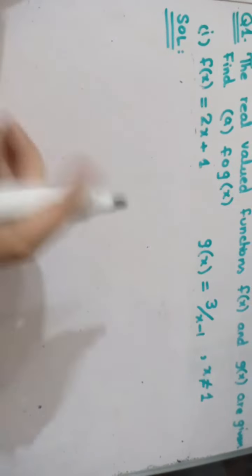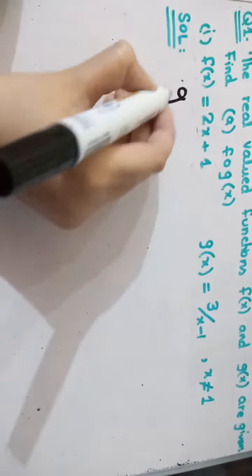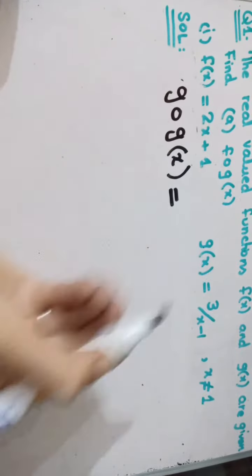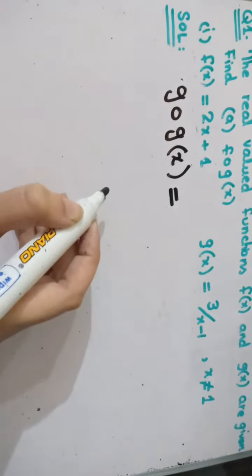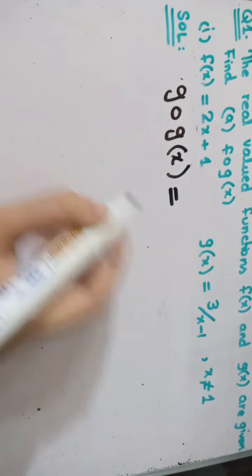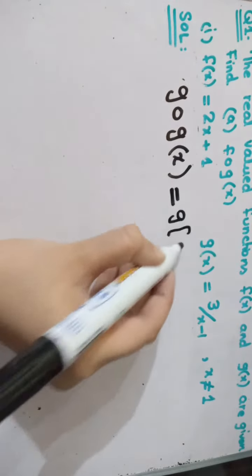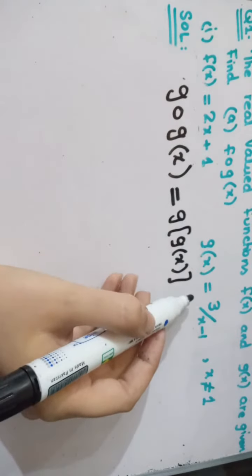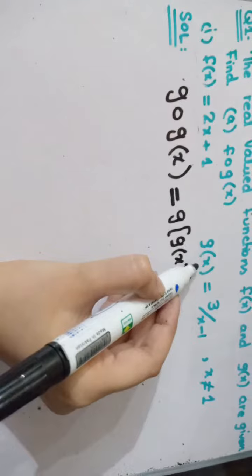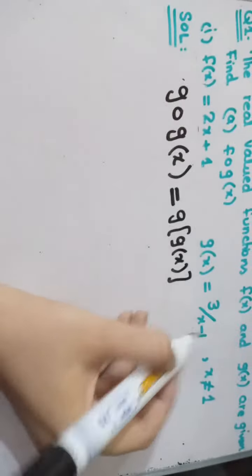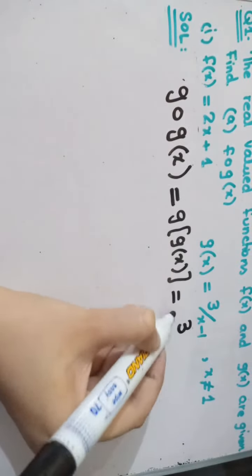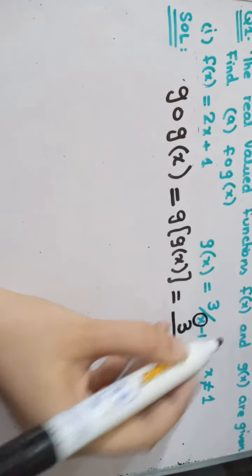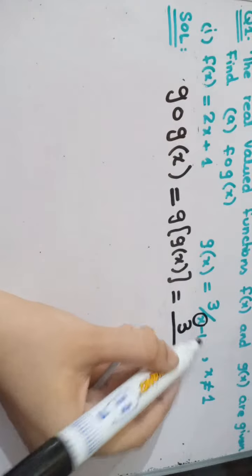Now, the next part is g of gx. Similarly, as you do f of f, for g of gx you will put the value of gx in g. As you know, we have g as 3 divided by x minus 1, but at the place of x you also have to put the value 3 over x minus 1.